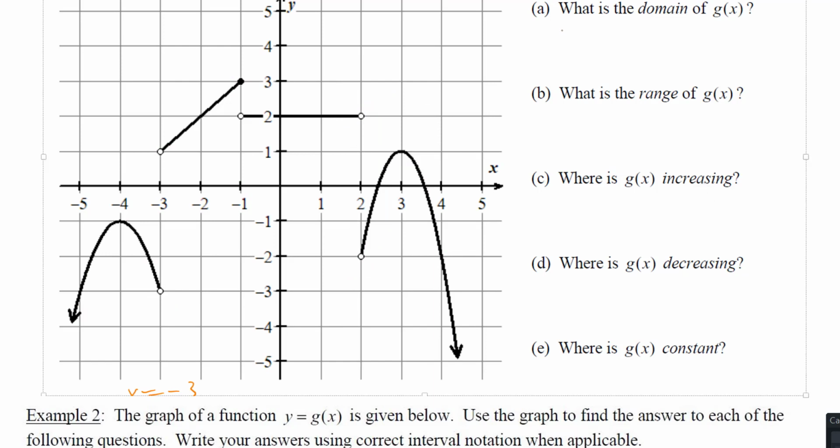Hence, the domain should be the interval of x values starting from -infinity all the way up to -3. -3 is not part of the domain, so we jump over it. And then from -3 all the way up to 2, we're good. And then 2 is not included, so we jump over that again and move on to infinity. There's our domain.